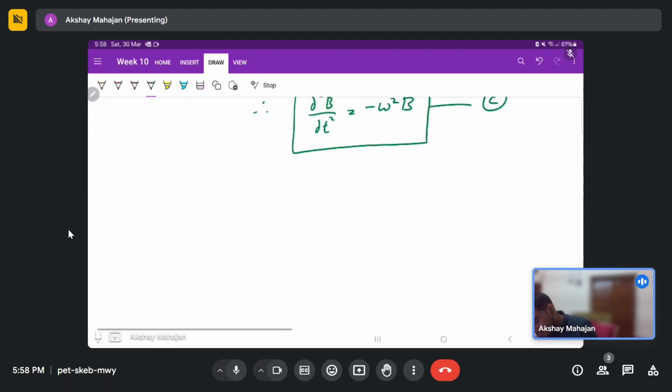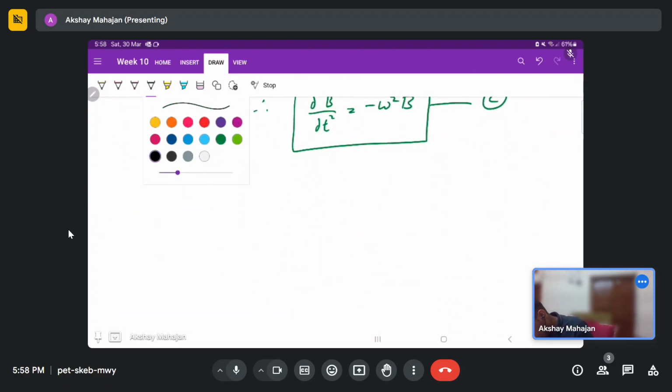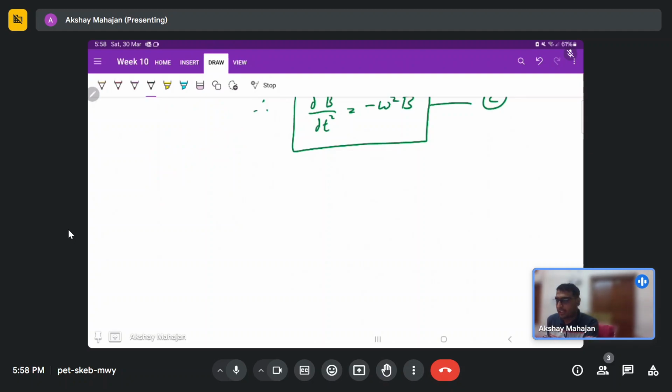Okay, so we have found all the terms that we needed. So now we just have to put these A, B and C values in that equation. So use A, B and C in equation 4.